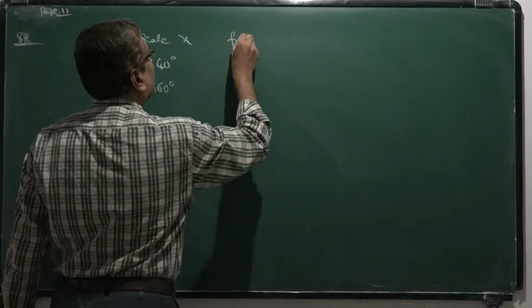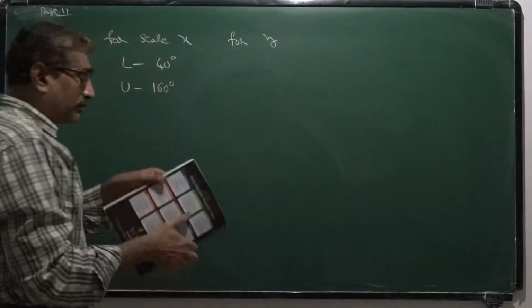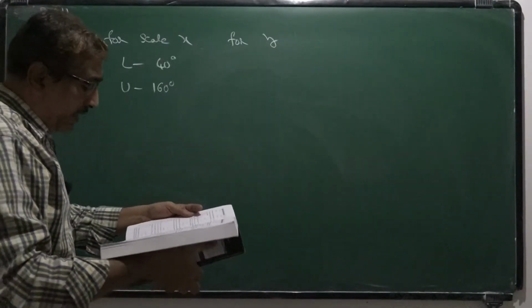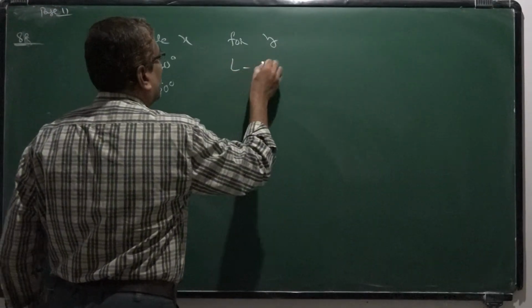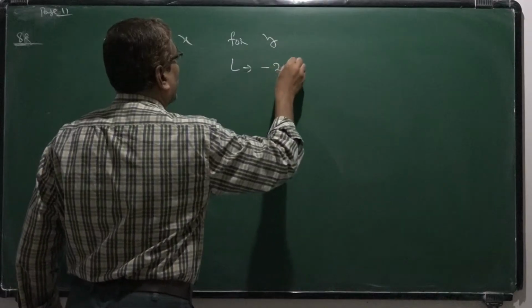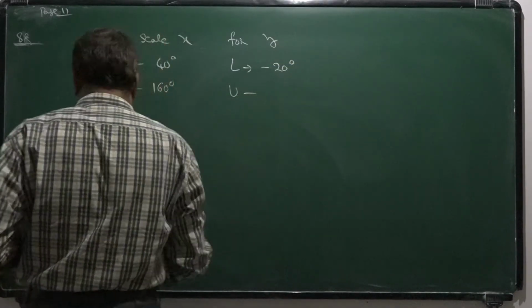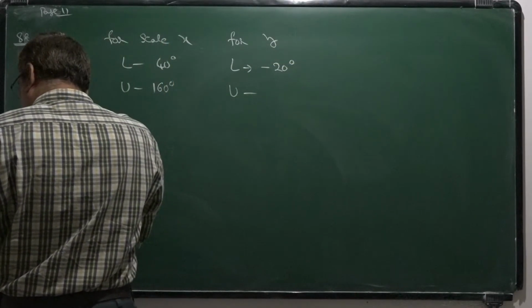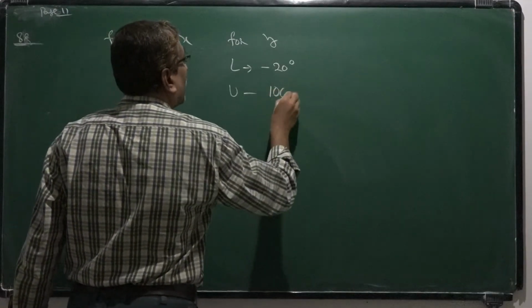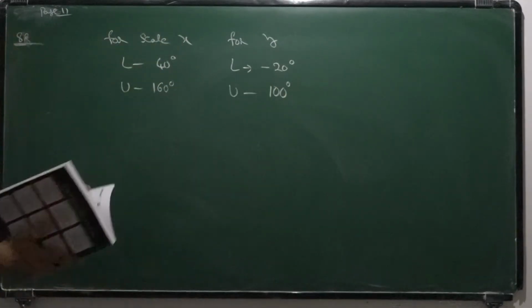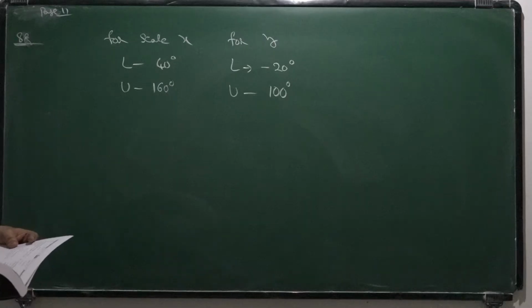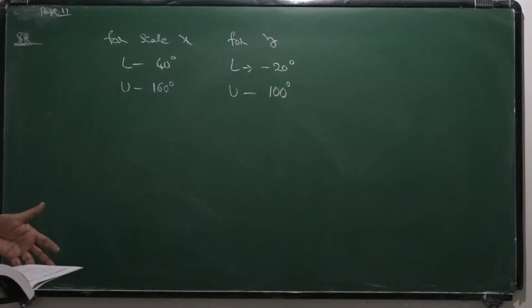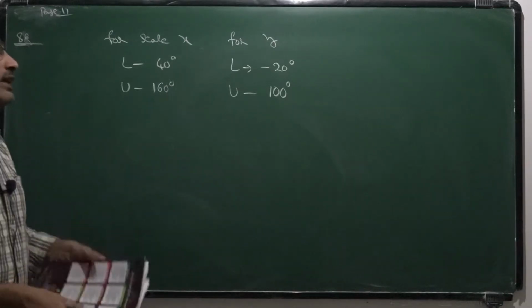Now for a scale Y, ice point LFP is minus 20, UFP upper fixed point is 100. Now convert the 50 degree in the scale X to the Y scale.